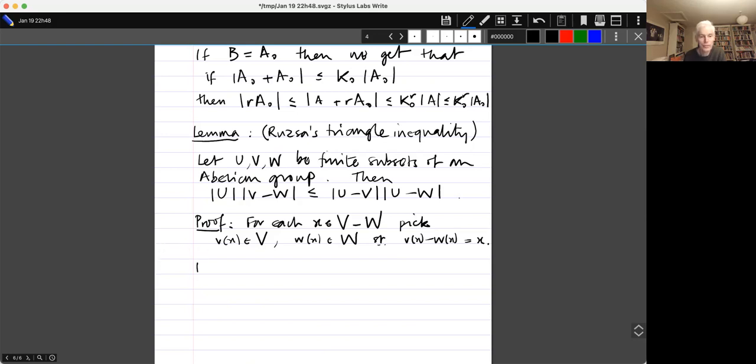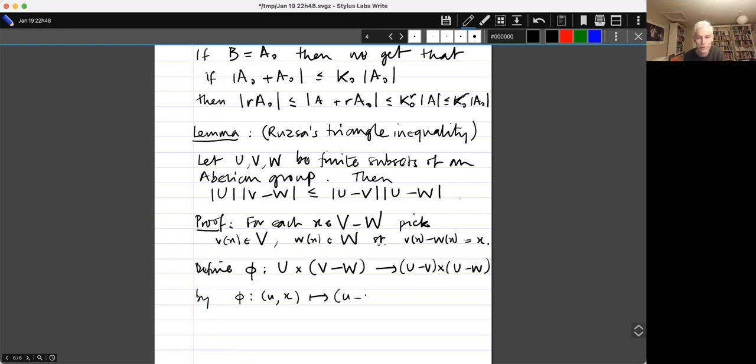And now define a function phi from U cross V minus W to U minus V cross U minus W by phi of (u, x) equals (u minus v_x, u minus w_x).